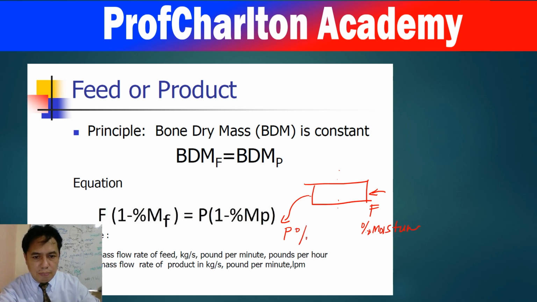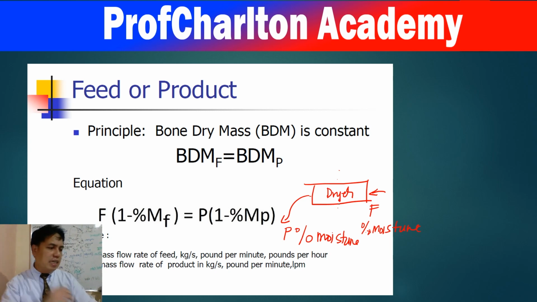At the product, the percent moisture is obviously lesser than the percent moisture in the feed. The temperature of the feed should be lesser than that of the product. After the dryer, it should be hotter than the initial, when you first put the materials in the dryer. It is not as hot as when it is coming out, right?